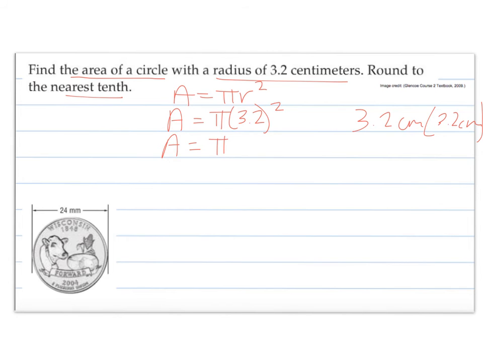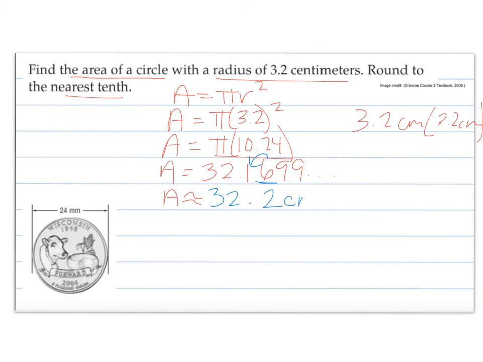So when I get that, I get pi times 10 and 24 hundredths. Using my pi button on my calculator, I multiply those for 32, and it's going to continue. So then I approximate to my tenths, which means I look to the hundredths. That rounds it up. 32 and 2/10 centimeters squared.